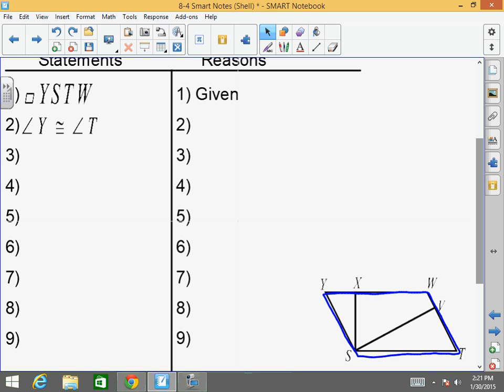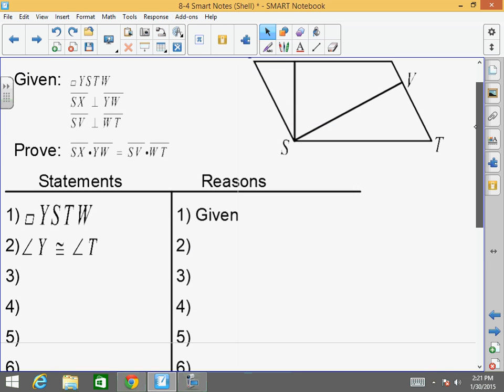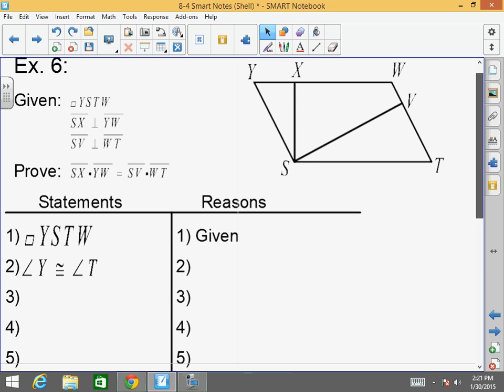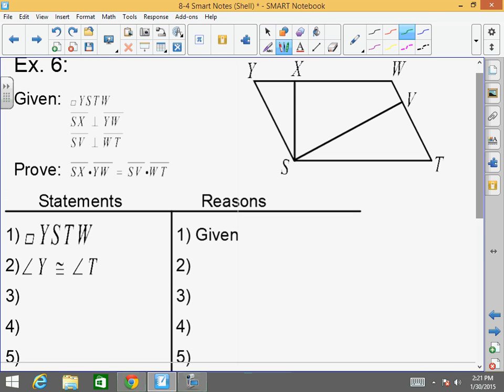Well, we know if it's a parallelogram, then angle Y has to equal angle T. And wait, before I continue, we're trying to prove that SX times YW is equal to SV times WT. So just to give you an idea of what we're trying to work with here.